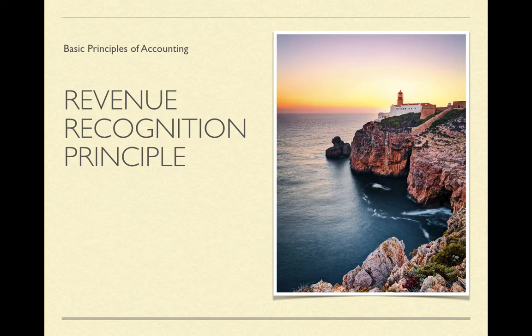A company realizes revenues when it exchanges products, goods, services, merchandise or other assets for cash or claims to cash. Revenues are realizable when assets received or held are readily convertible into cash or claims to cash.